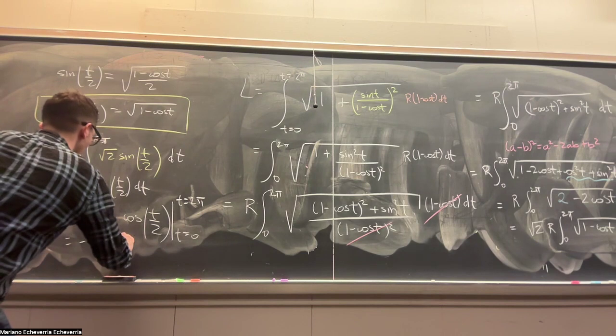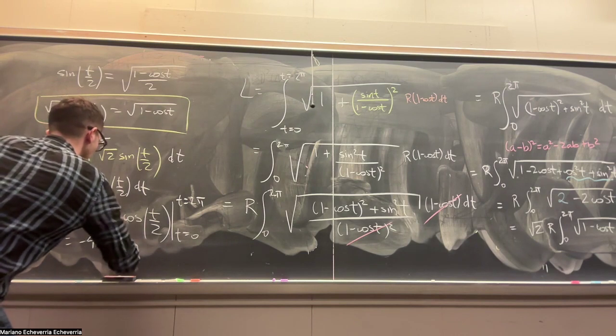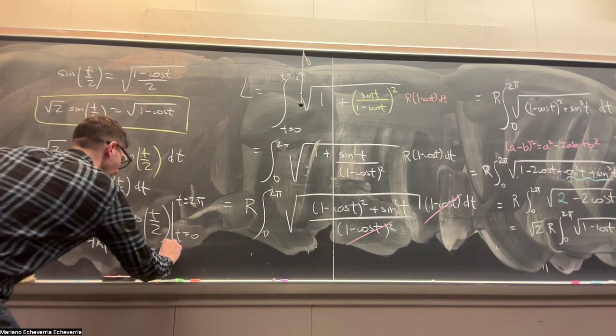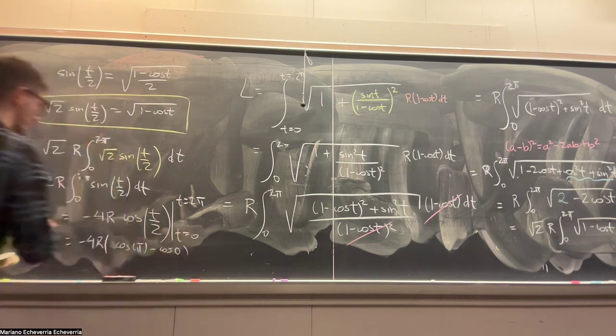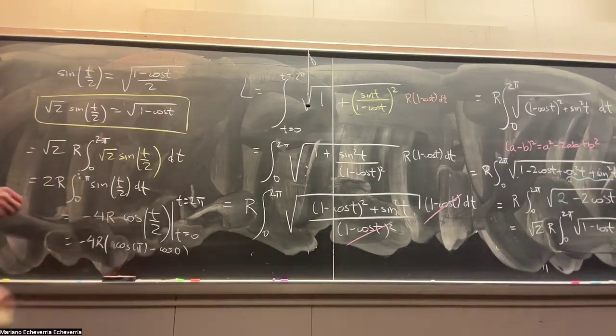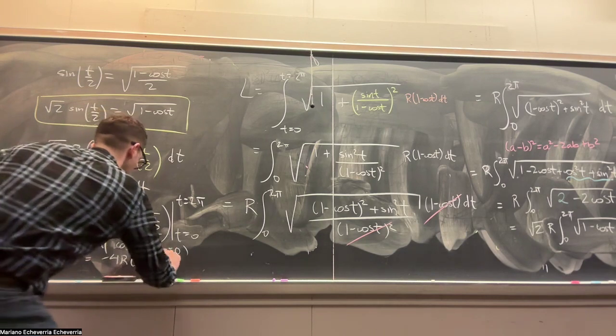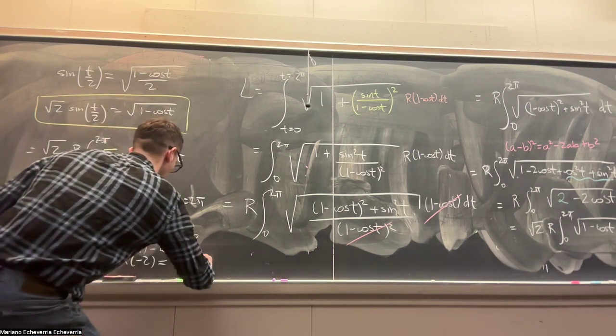Okay, yeah, so that gives you -1 minus 1, so it's -2. That's -4r times -2, which is 8r.